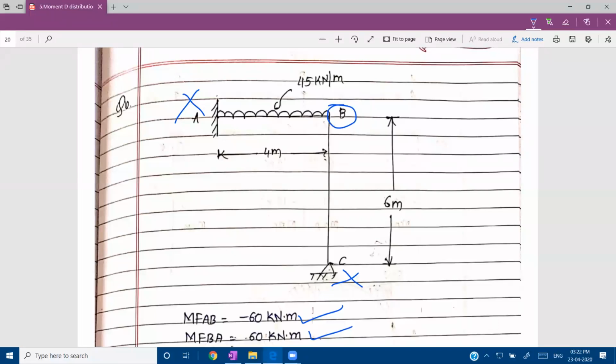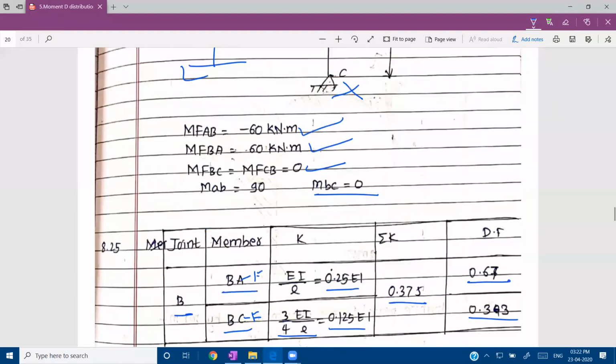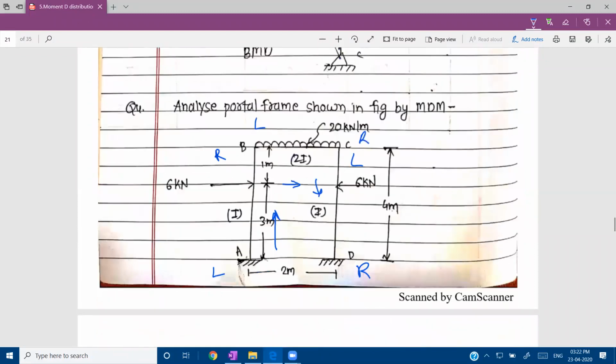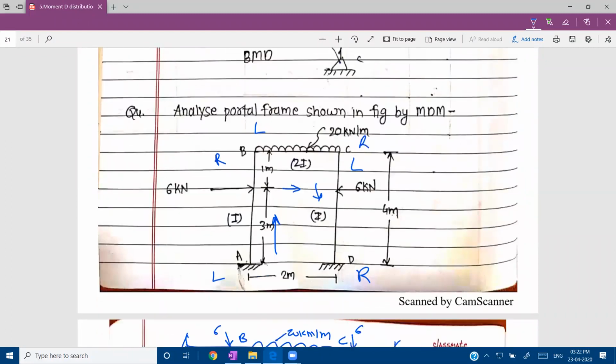If there was a column like this, then we can say that this support will be left support, this support will be right support. So this one concept you have to clarify here: whenever your portal frame is starting from a column at left hand side, for that portal frame, for the first column only, bottom support will be left support, just like here this support A is left support and top support will be right support.